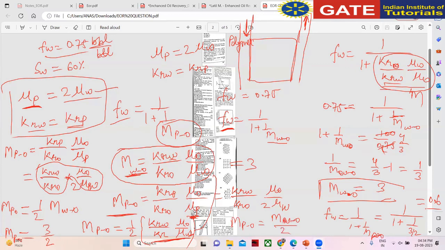This one is 3, so this is 3 by 2. Now you put the value of MPO in this equation and calculate the fractional flow value. You got that point?